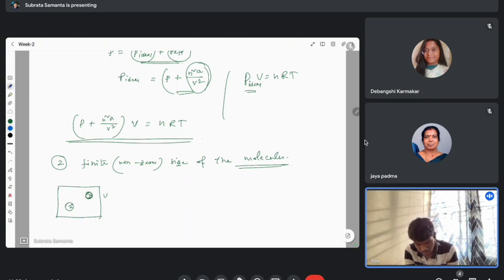These blue color molecules occupy a volume, let's say b. So the red color molecules cannot move through the whole volume, because they occupy some volume b. So the available space for the red color molecules is actually V minus b.